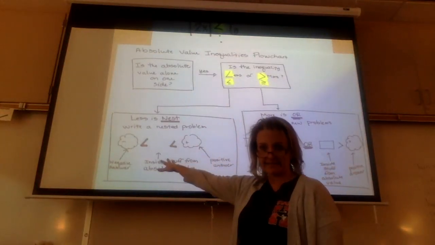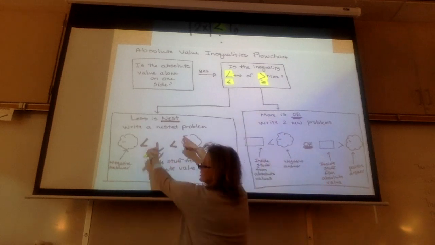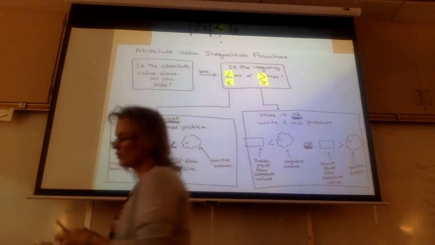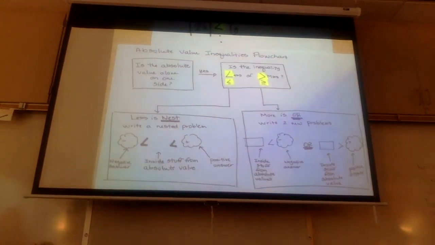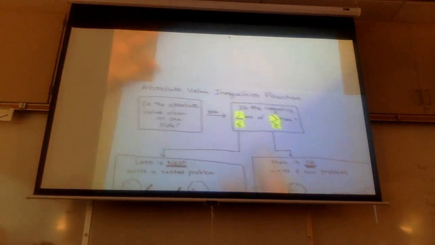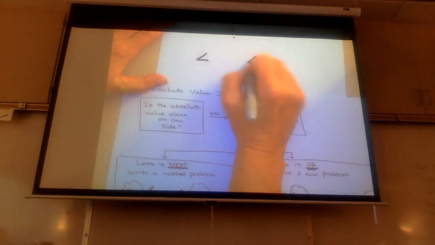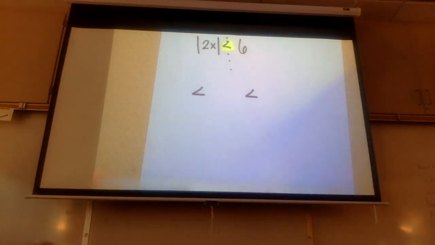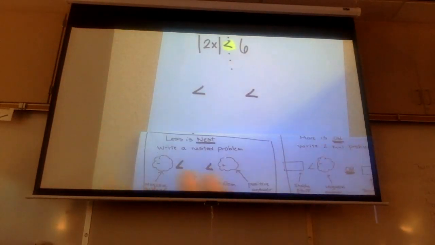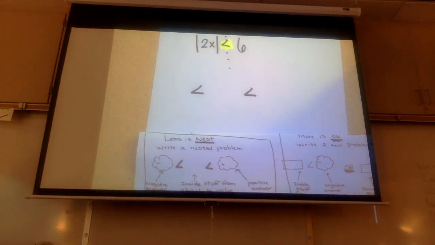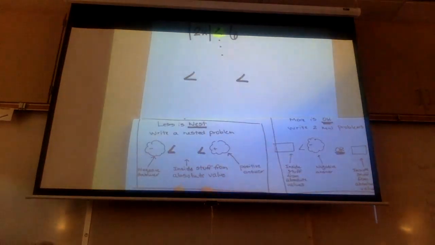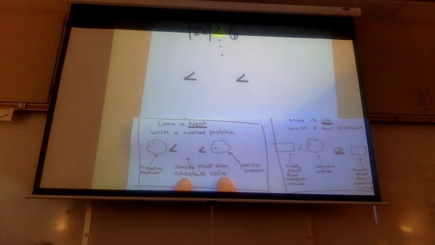This is a nest. So before I do anything, I'm going to draw my nest. Before I even put anything in it, draw the nest. Just like that. And if I look back here, it says, write a nested problem. So inside the nest is going to be the inside stuff from the absolute value.